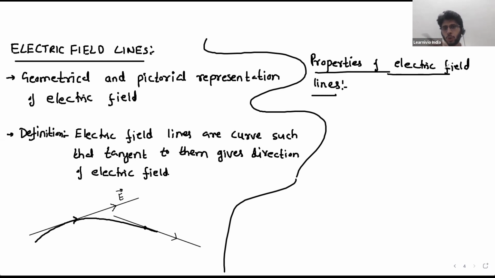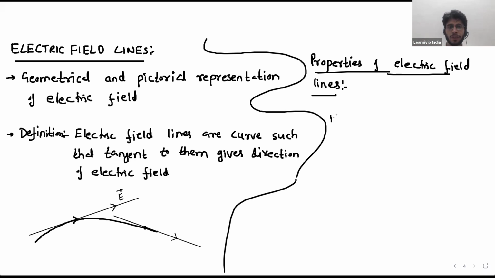So when we use these properties to draw field lines, whatever shape we get, that shape will fully explain electric field. That shape will explain the direction of field. That shape will explain the magnitude of field. That shape will explain the attraction and repulsion. Just by looking at the picture, you can decide whether the charges are attracting or repelling.